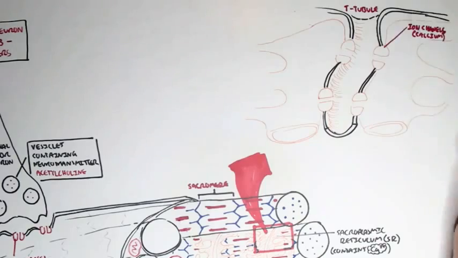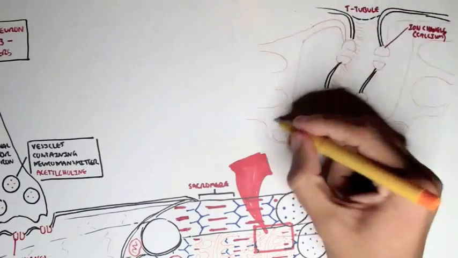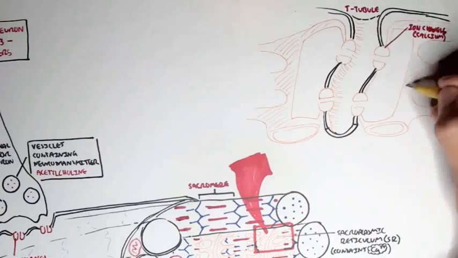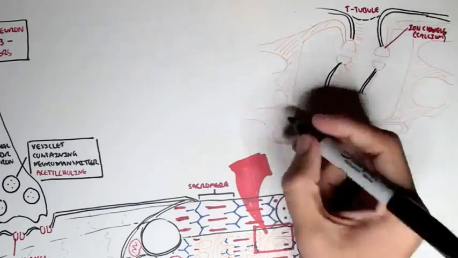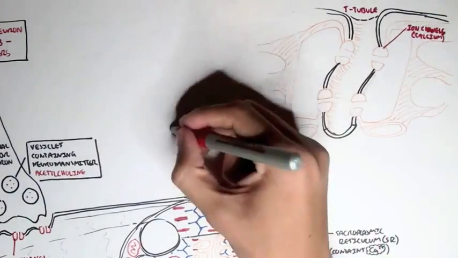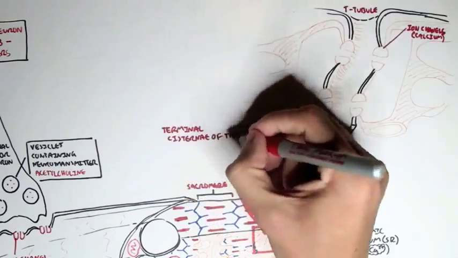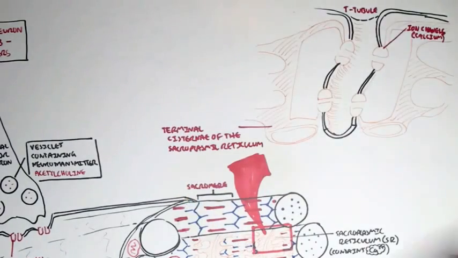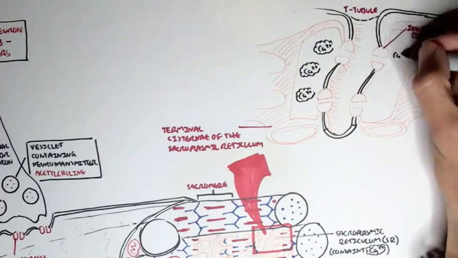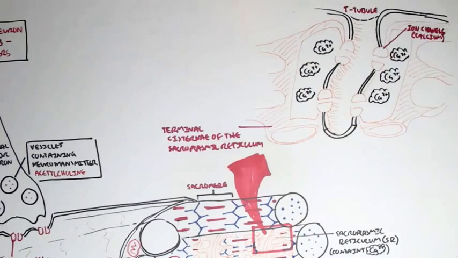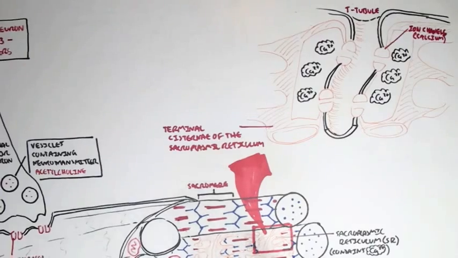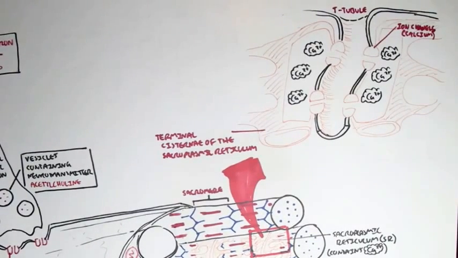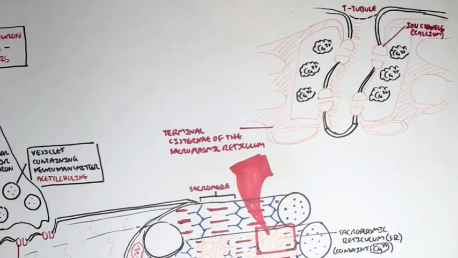Specifically, what's called the terminal cisternae, which is part of the sarcoplasmic reticulum. And the terminal cisternae contains these calcium ions. But these calcium ions cannot go into the T-tubule because the calcium ion channels are blocked. And therefore they need to be opened for calcium to come out.